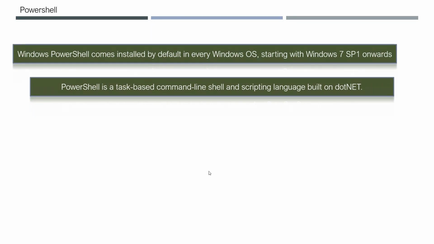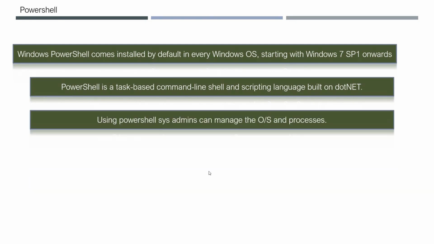That's what you do. And this is basically built on top of .NET. That's the reason initially it used to work only on Windows servers. So you can do system administration. That means you can go to any server and manage any area of your server.